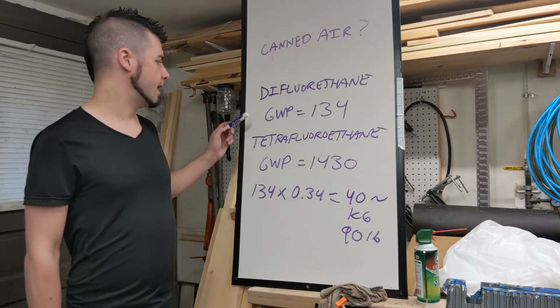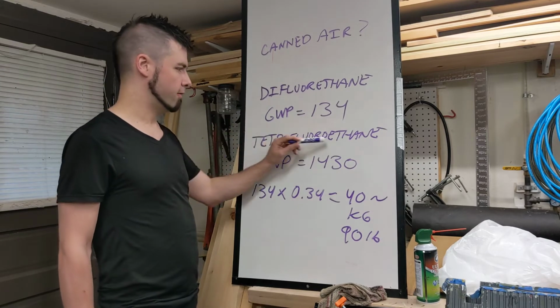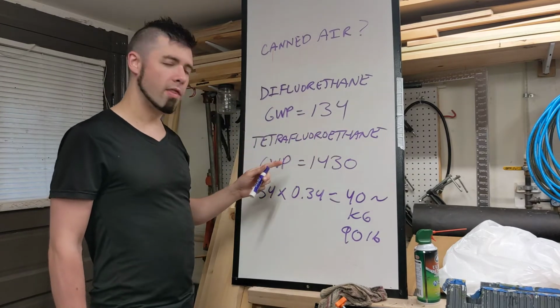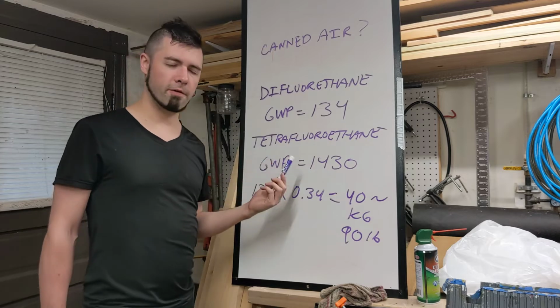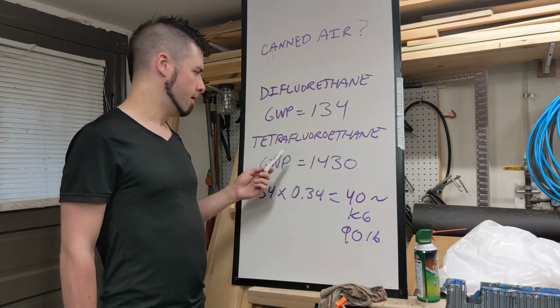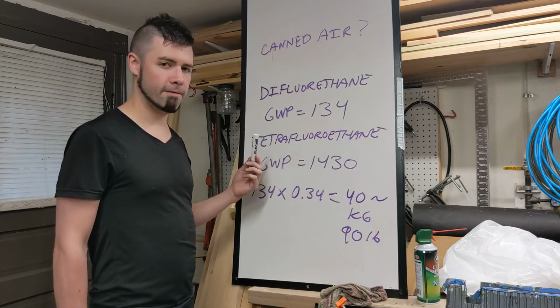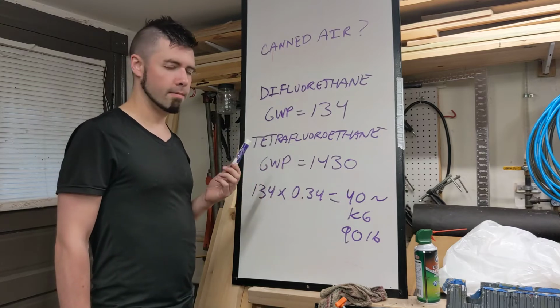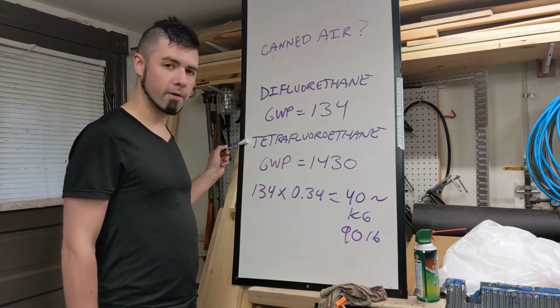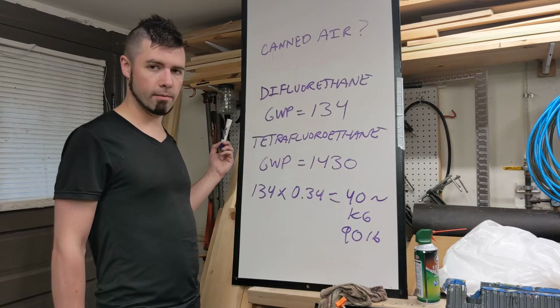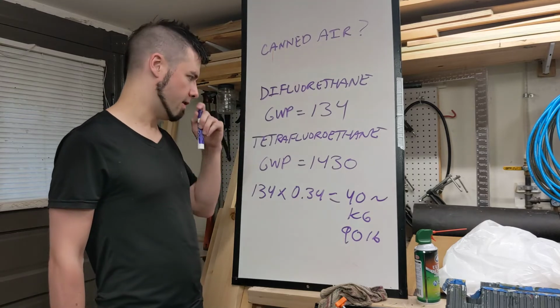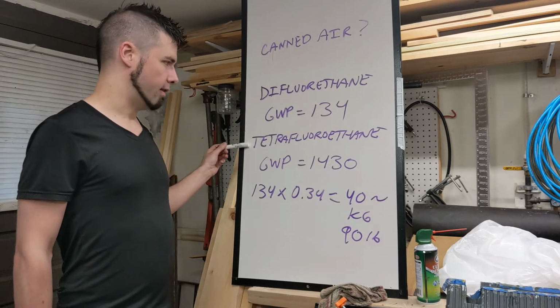So these gases, especially this one, the tetrafluoroethane, the R134A, are also used as refrigerants, hence the term Freon. Most of the household fridges that I'm aware of use R134A, although some of them are now using butane or propane in small amounts instead of this stuff.